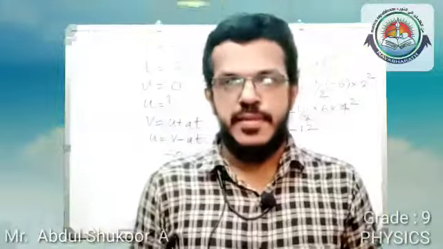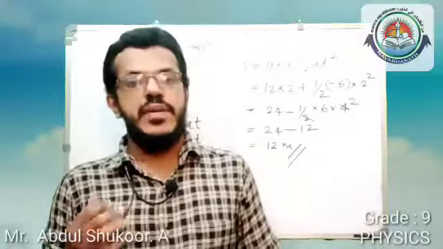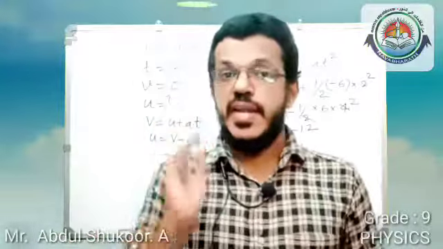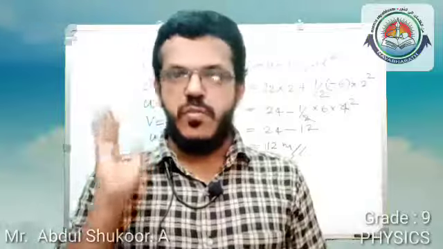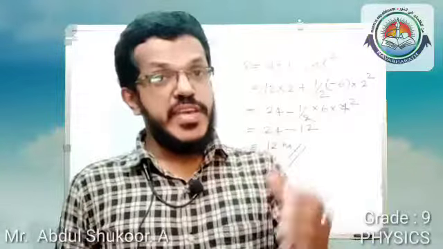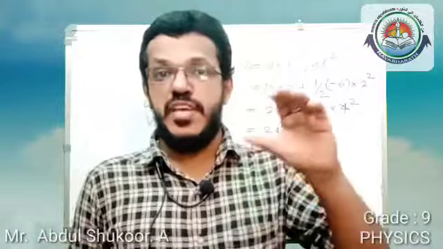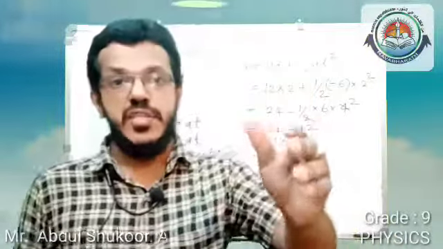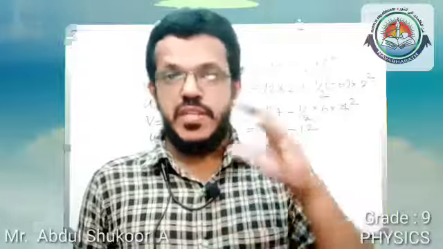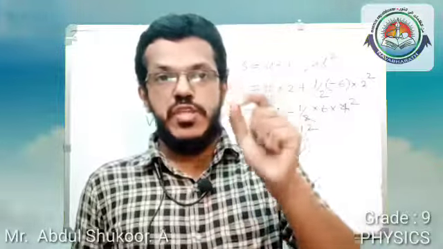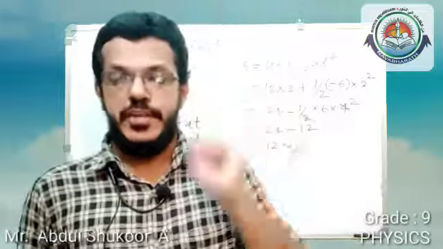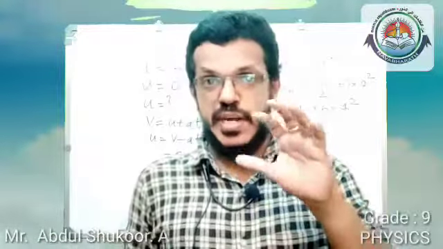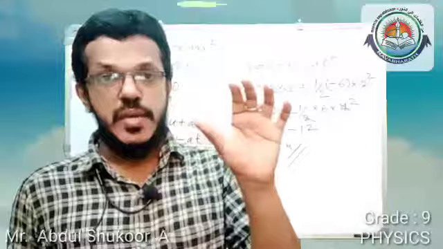Do you understand? In this class, what did we discuss? Mainly we discussed the 3 equations of motion and the derivation of these 3 equations of motion from the graph, and some problems regarding these 3 equations. What are the 3 equations of motion? First equation of motion, V is equal to U plus AT. This shows the velocity time relation.